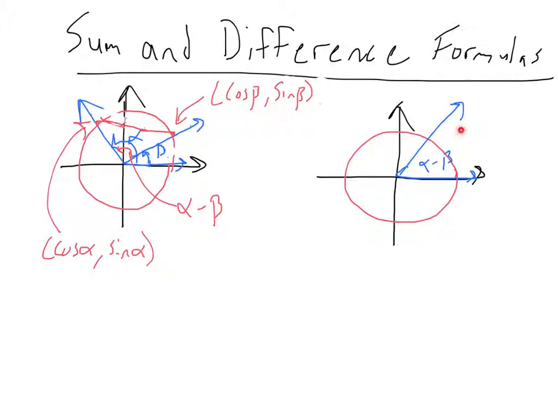Then we're going to construct an angle that has that magnitude in my unit circle right here. And the point on the terminal side of this angle on the unit circle is going to be cosine of alpha minus beta, sine of alpha minus beta.